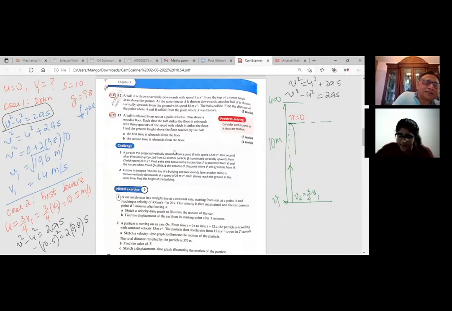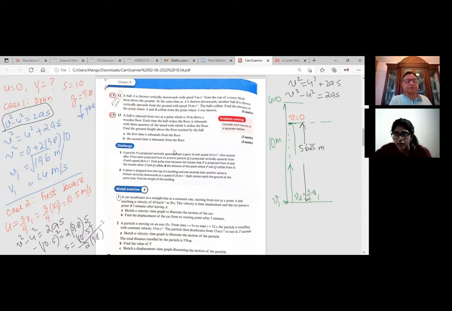Now s is clearly 10.5 whole squared divided by 2 times 9.8. Is it okay? Calculate. Tell me what it is. s equals that divided by 2 times 9.8, which is 5.625 meters. Correct.